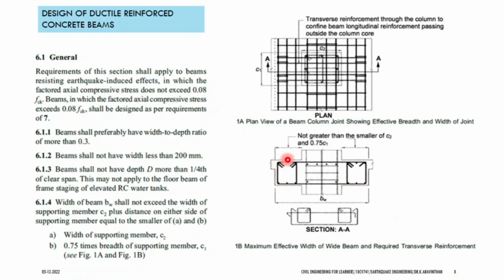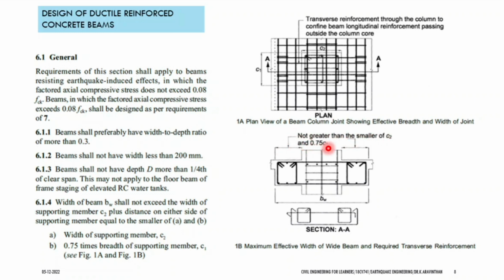Here you can see stirrups and reinforcement, and at both sides you have stirrups and reinforcement adjacent to the column. In this case you have to check this distance adjacent to the column, which should not be greater than the smaller of C2 and 0.75 C1.